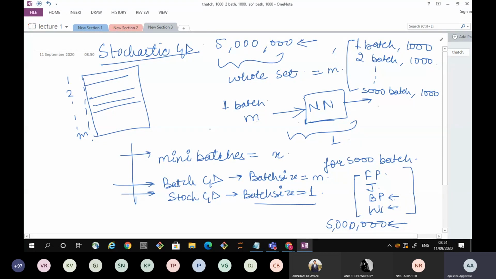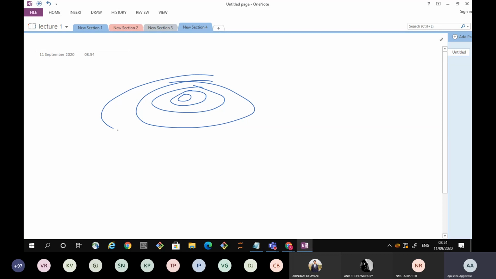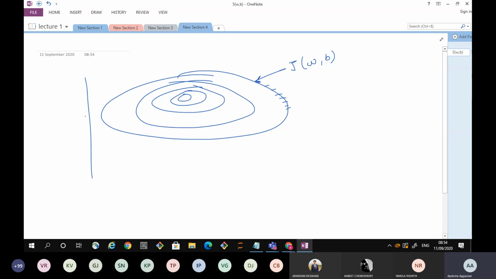So what happens in stochastic gradient descent is, suppose this is the contour plot that we have discussed. We have seen earlier that for each and every point on this contour, the value of J would be the same. The only thing that varies is b and w, right? So this was the contour plot, and this is our minima that we want to reach.